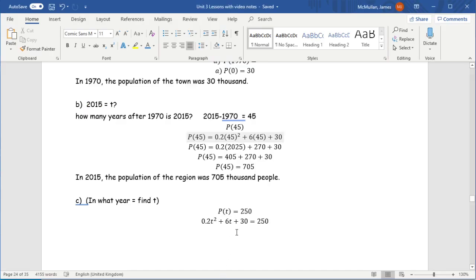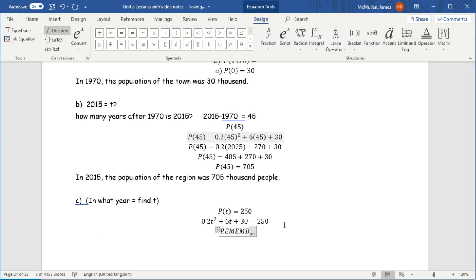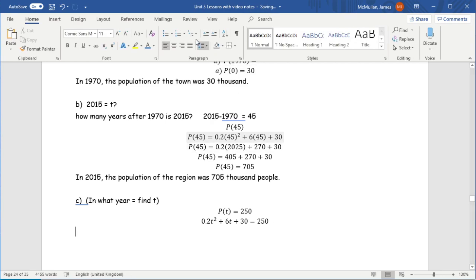So let's go back to this question. What does this mean in the question? Remember, the quadratic formula only gives an answer if one side is equal to 0.